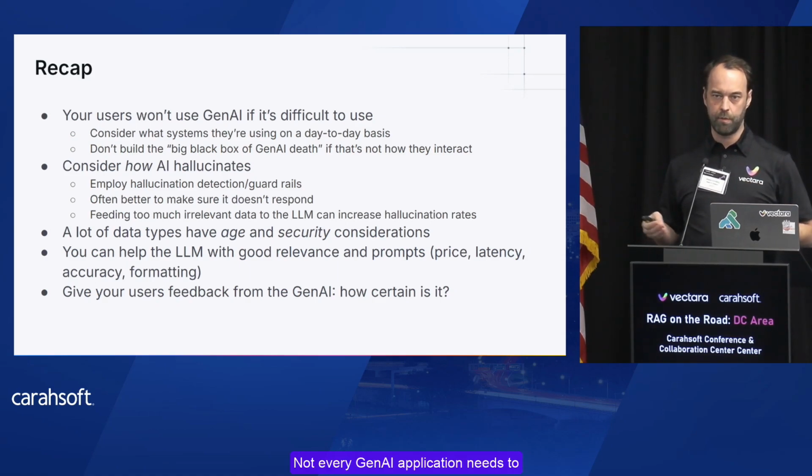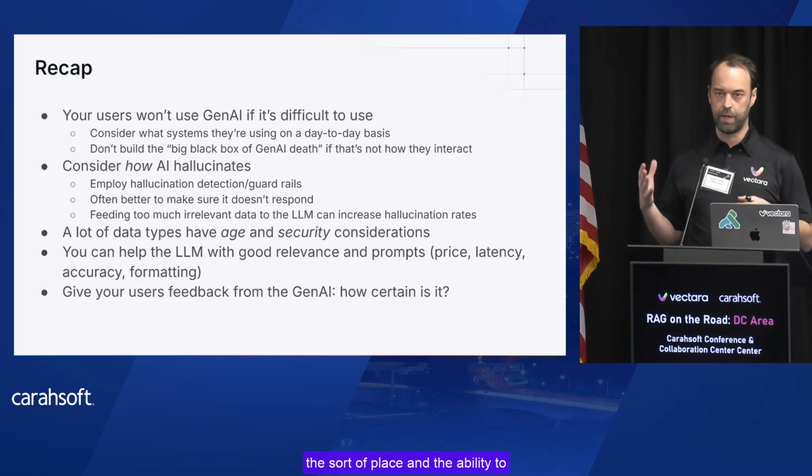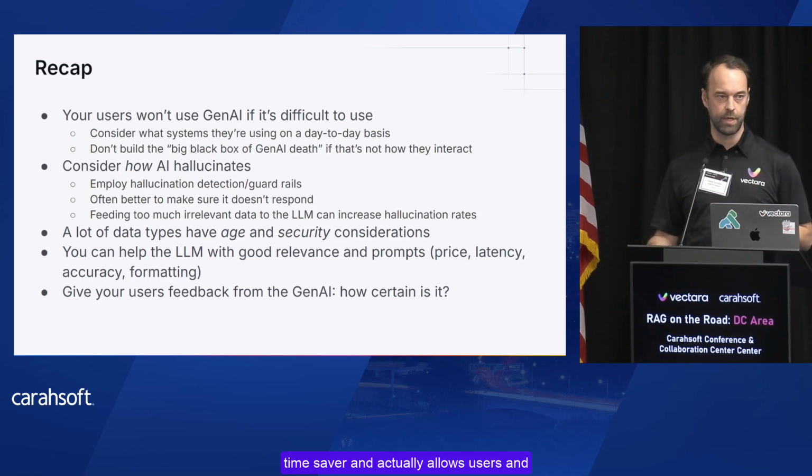Not every GenAI application needs to be that. By bringing the GenAI application into a familiar place, like spreadsheets, where these RFIs and RFPs come through, and having the ability to answer those questions directly where I'm operating, it's a massive time saver and encourages users to make use of the system.